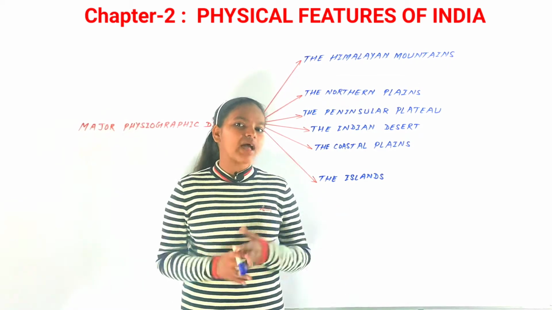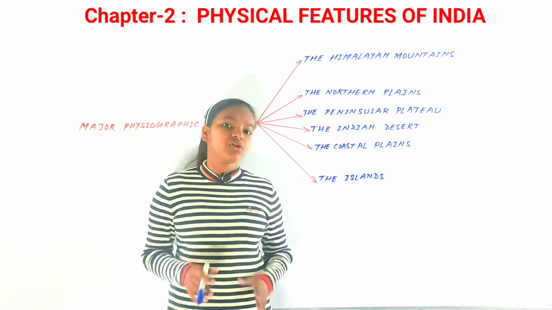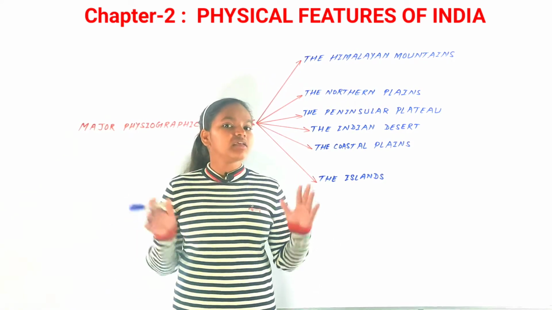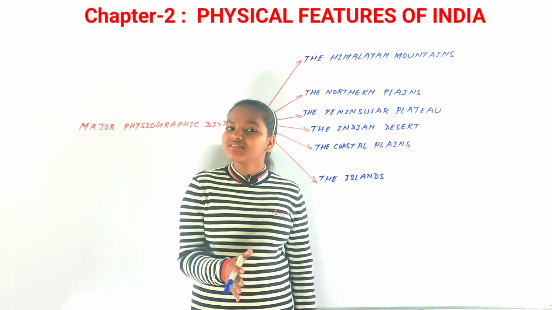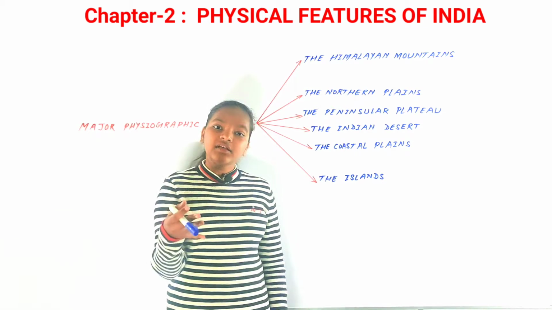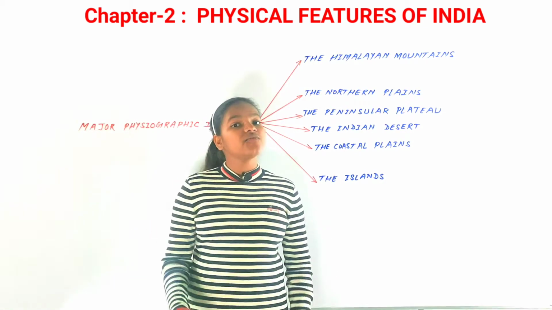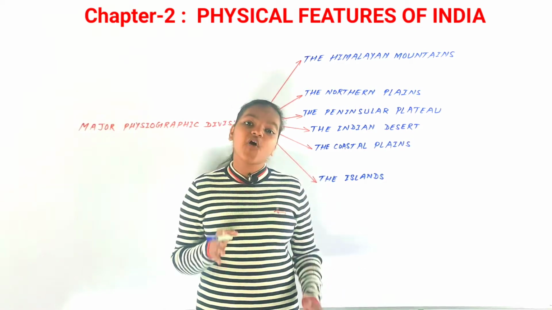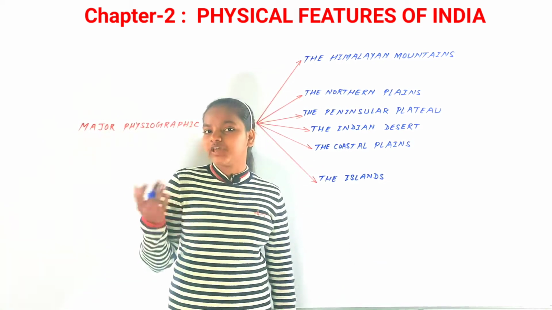All rocks are not formed by just one method. There is variation among their origin, among the processes by which they have been formed. For example, the igneous rocks, the metamorphic rocks or the sedimentary rocks vary from each other because of their different origin, and the same happens for our physical features.